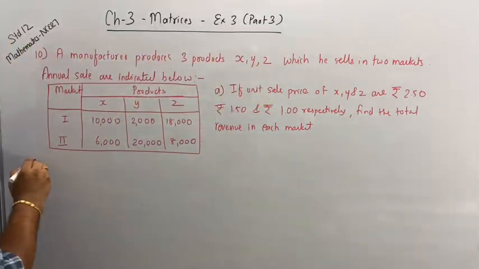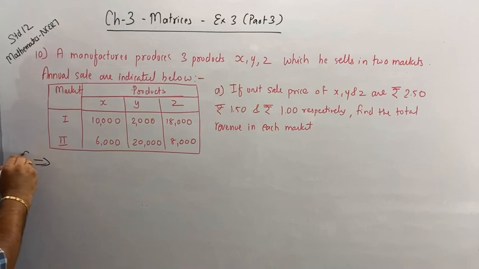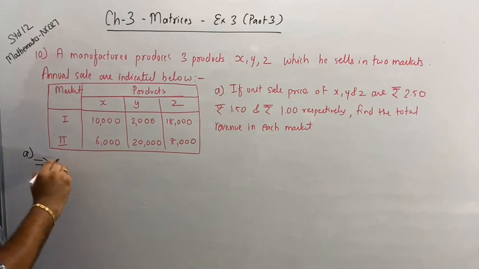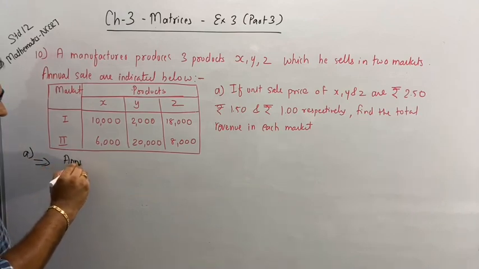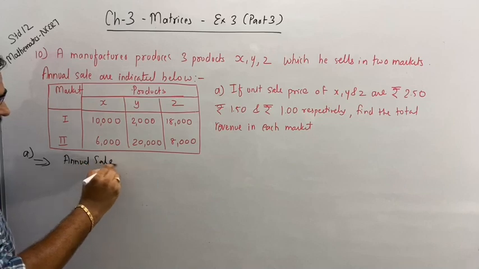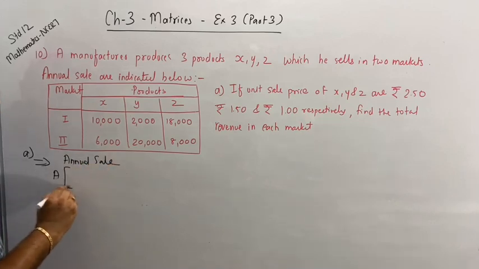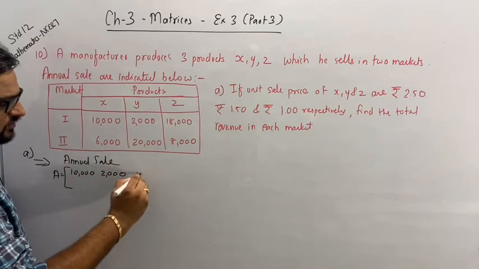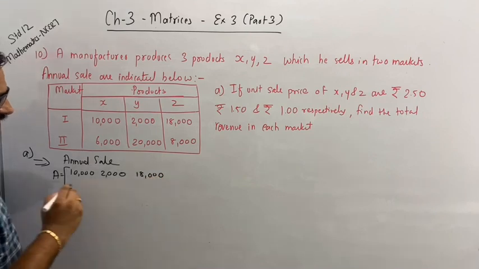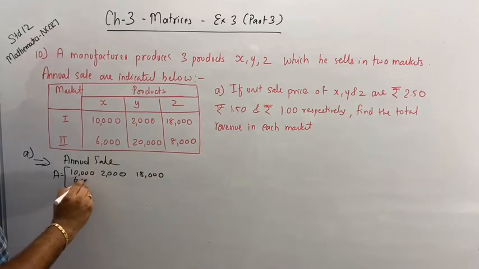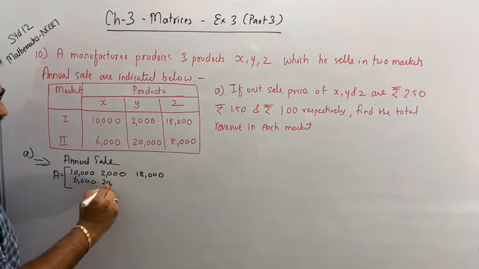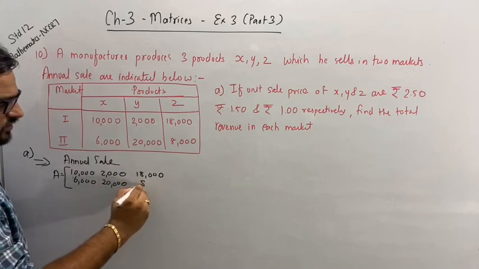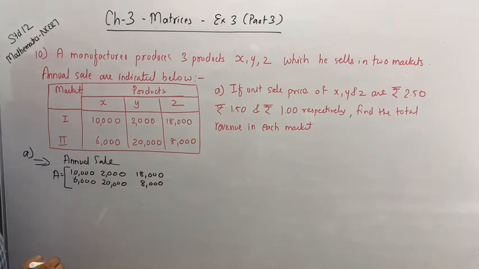So first, let's form the matrix A for annual sale. A equals 10,000, 2,000, 18,000, 6,000, 20,000, and 8,000.